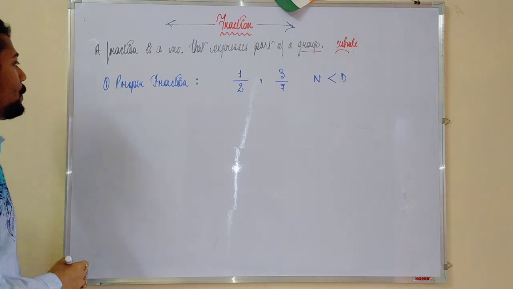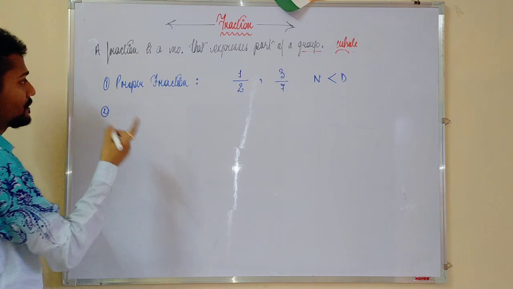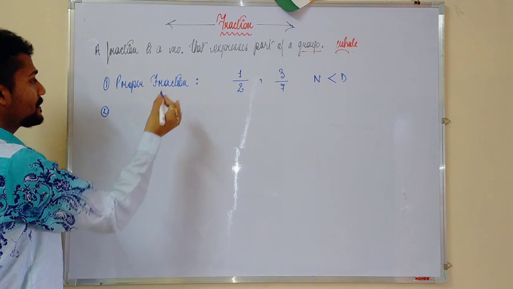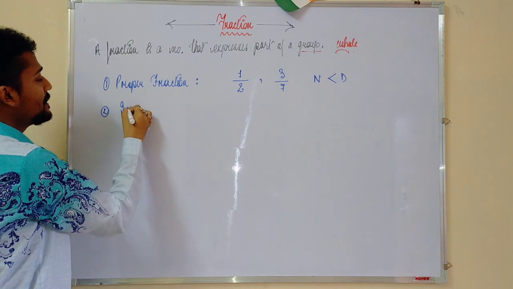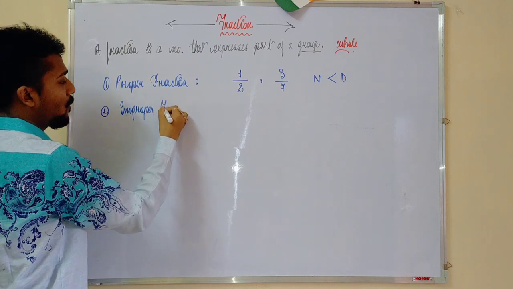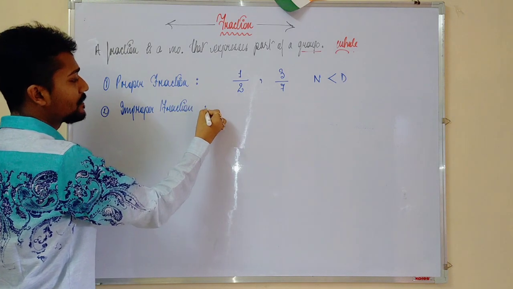Now for example number 2, the second type we will discuss is the improper fraction. Now what is an improper fraction?